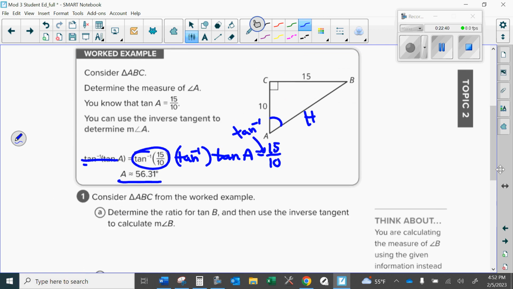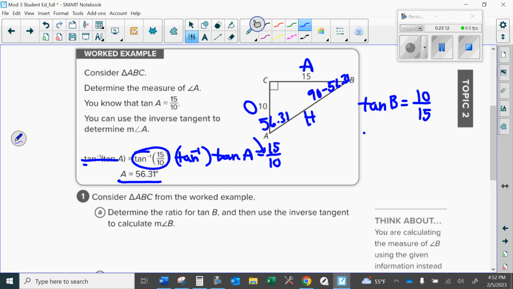Okay, so now if I make B the angle, this is the opposite and this is the adjacent. So now I'd have tangent of B. We know this is 56.31. We know this is complementary. So if I go 90 minus 56.31, that would be angle B. That's what I should get when I do the tangent of B equals 10 over 15.